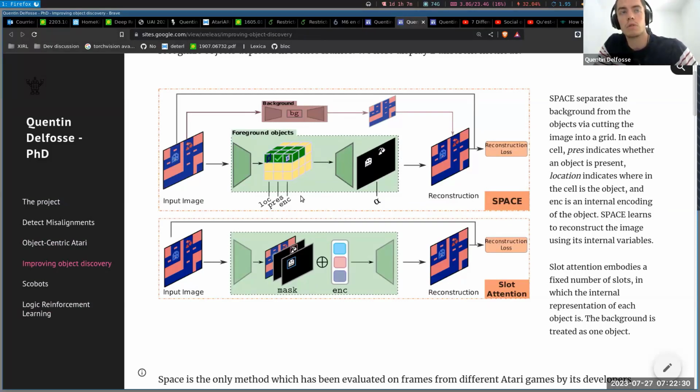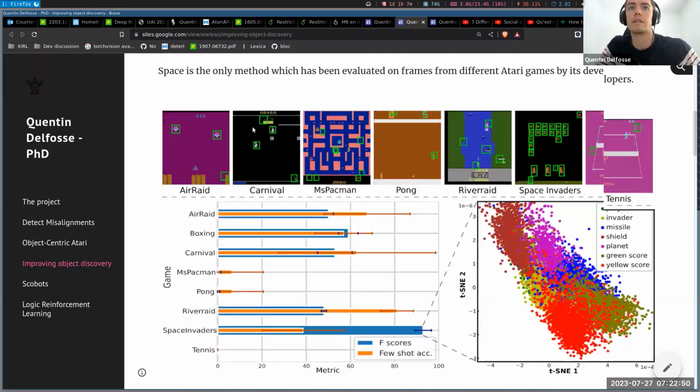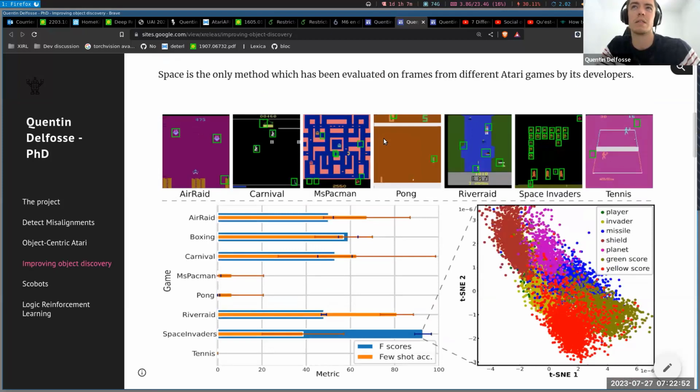We tried to use these object detection methods in order to detect the objects without any kind of supervision. At the beginning, I wanted to directly use that to integrate into a deep reinforcement learning framework and have neurosymbolic already integrated. The problem is that when I tested, the only framework that was developed for Atari games was SPACE, not slot attention at the time.